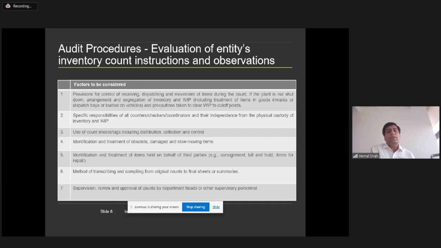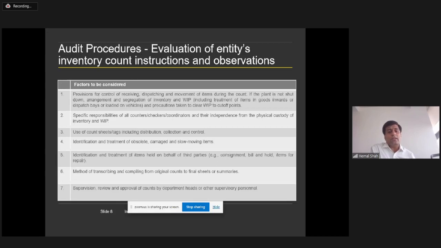In that case, the auditor will have to see what procedures are being followed by the company in terms of physical count, in terms of segregation of inventory, and segregation of duty of the person who is doing the inventory. Finally, whether proper cutoff is taken for WIP, work in progress, who is the person checking, and who is the person reviewing.